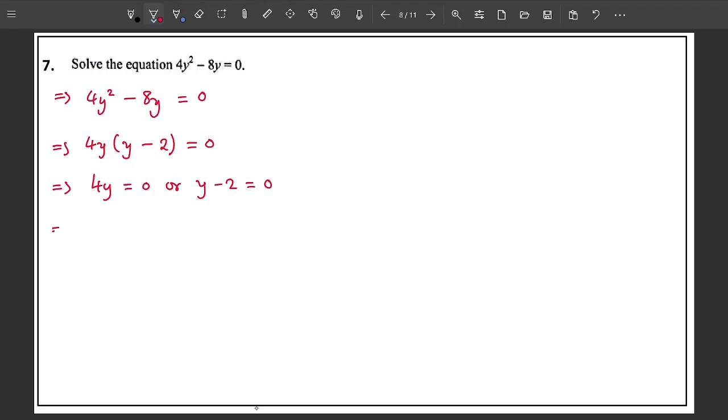To get rid of the 4, we divide by 4 on both sides: 4 over 4, and 0 divided by 4 will be 0. So y is equal to 0, or y is equal to 2, as the 2 crosses to the other side and becomes positive 2. So these should be the answers here.